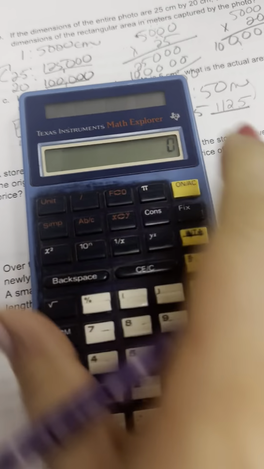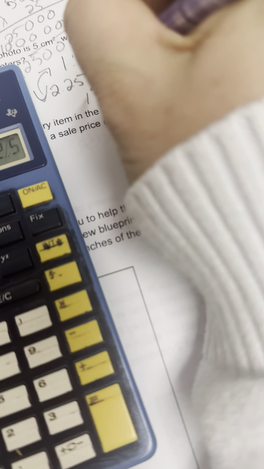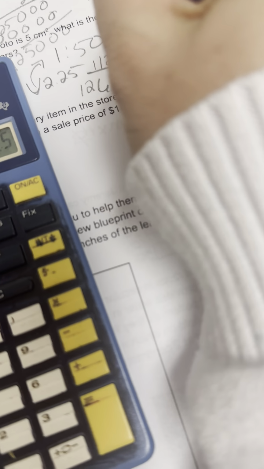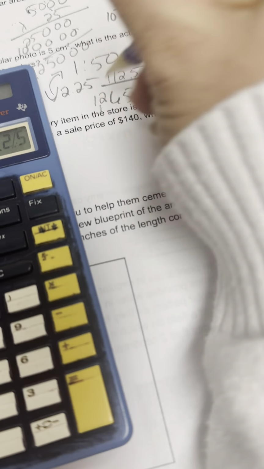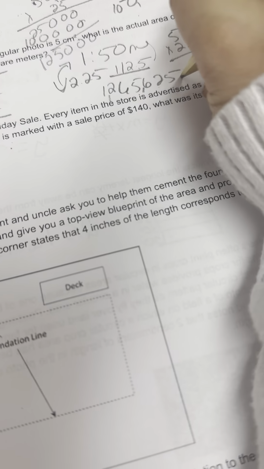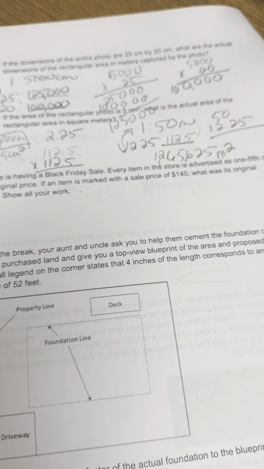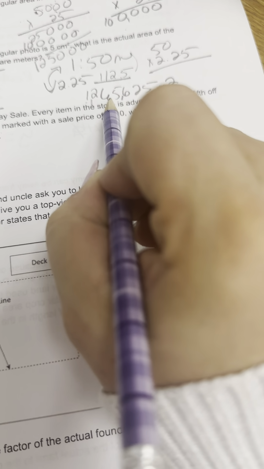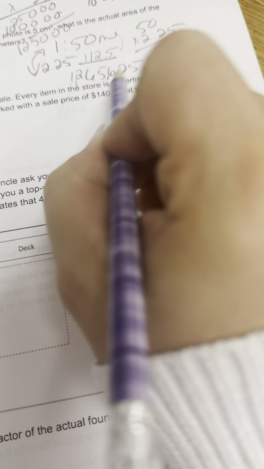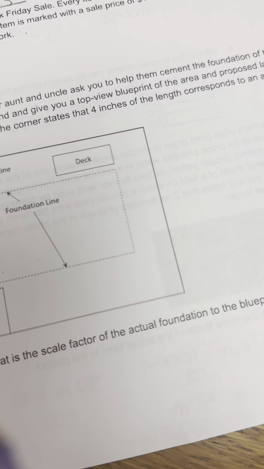And again, I'm just going to grab the calculator and expedite this. So that would be roughly 1,265,625. All right. So number 3.